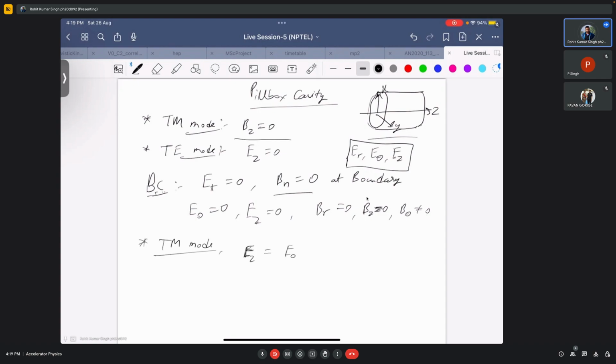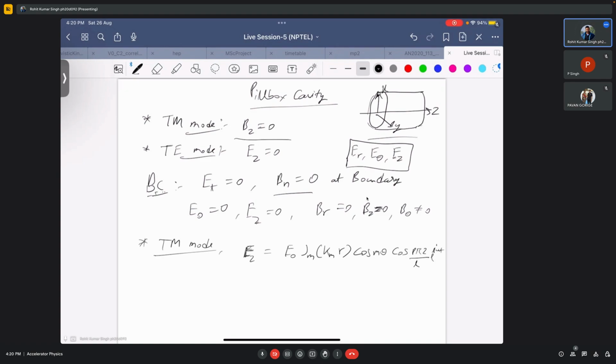I'll just write it out: a Bessel function dependence on r, a cos dependence on theta, a cos dependence on z, and an exponential dependence on time.